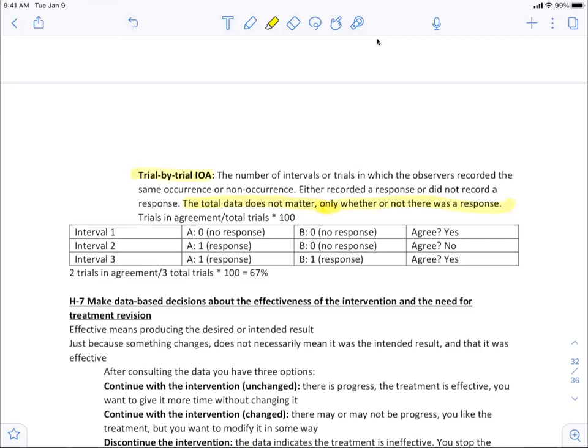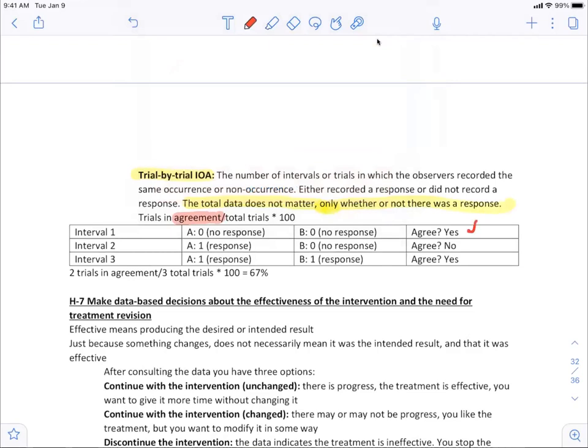Trial by trial IOA. We put trials in agreement divided by total trials. That's where people get confused, okay? We're not looking for the intervals that have no responses or the intervals that have responses. We're simply looking for the intervals in agreement. For example, interval 1, they agree, no response.